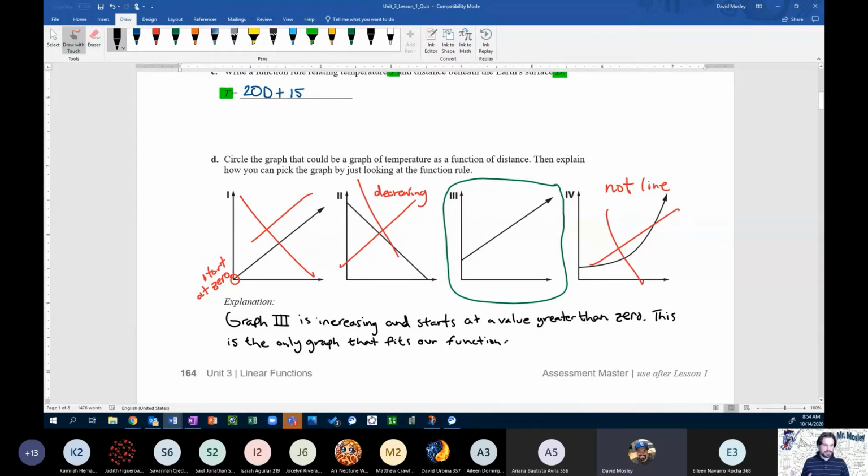It's a simple explanation. It's increasing and starts at a value greater than 0. That's how we were able to pick it. That's the only one that does what our rule says it's supposed to do. Is there anything I can clarify for anyone?